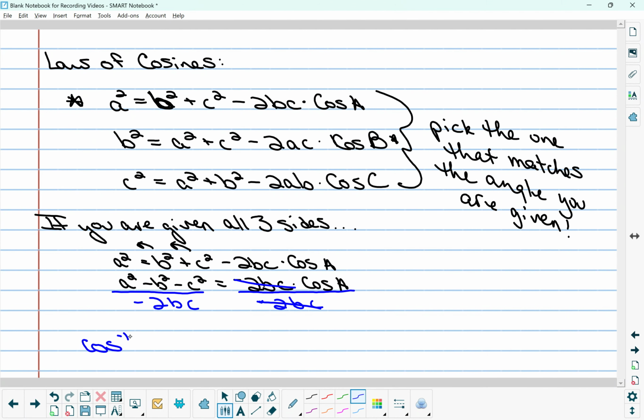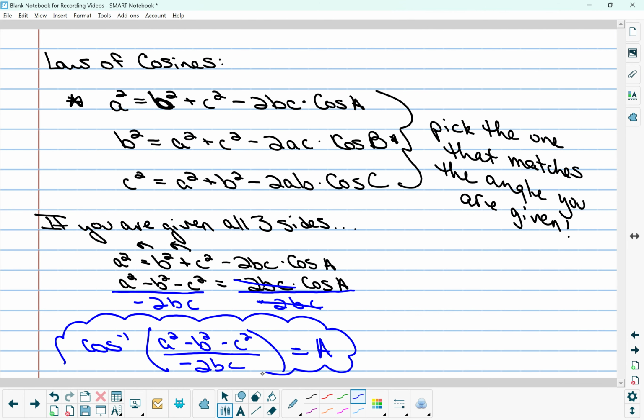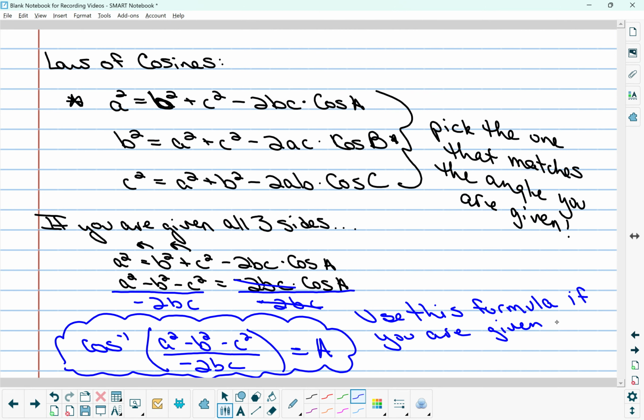Inverse cosine of all of this stuff, A squared minus B squared minus C squared over negative 2BC, and that's going to be equal to angle A. Okay, so you can use this formula if you are given all three sides and no angles.